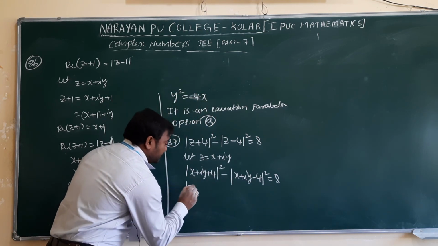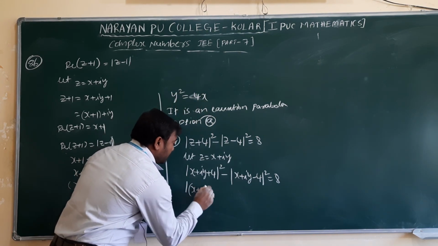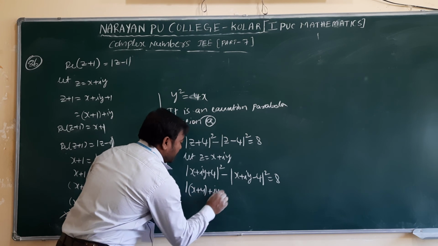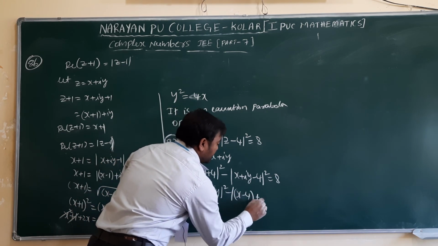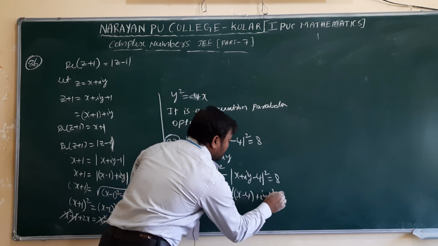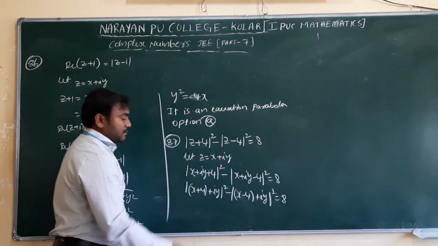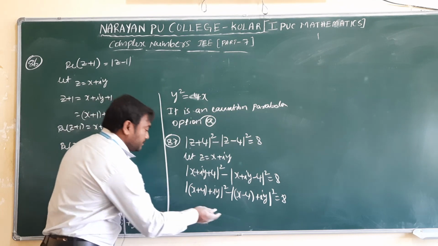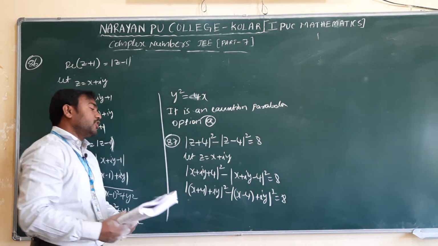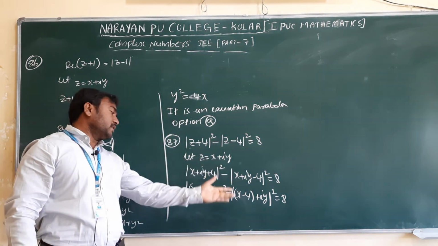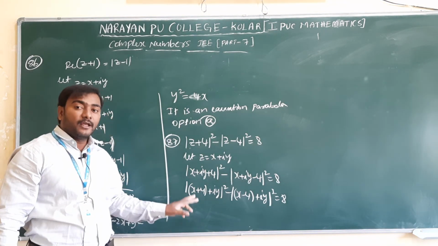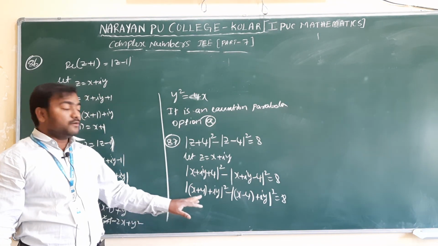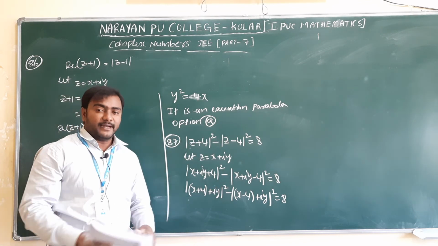Here x plus 4 plus iy whole square minus x minus 4 plus iy, we are separating real and imaginary parts here. Now we already know that modulus of z is the square root of x square plus y square, so modulus of z square is x square plus y square directly.